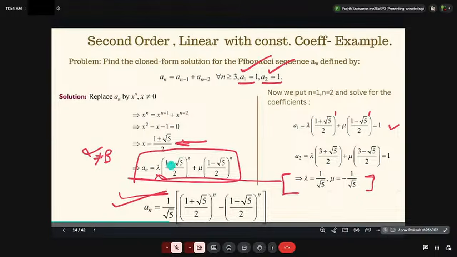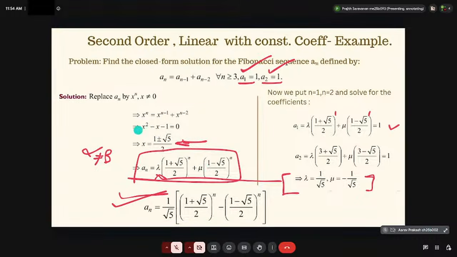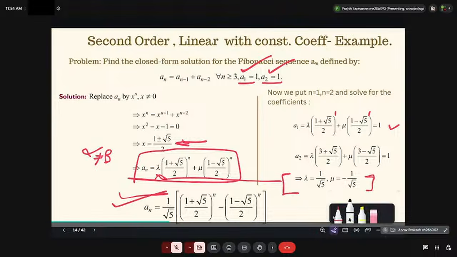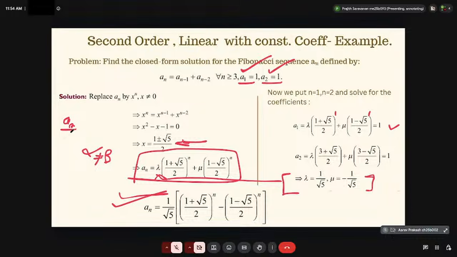And here we have 1 plus root 5 by 2, which is indeed your golden ratio. The golden ratio is derived from this quadratic, which is deeply connected to the Fibonacci sequence. You can search it up online. I think there was something like a n by a n minus 1.